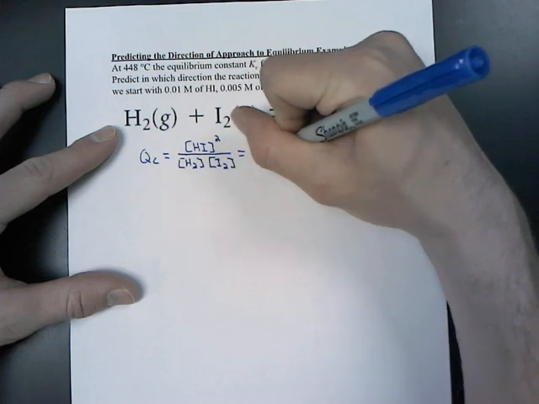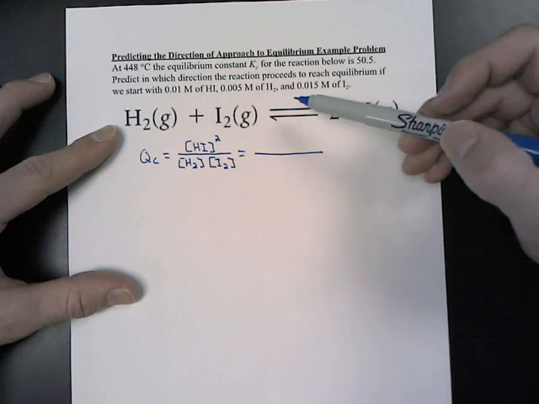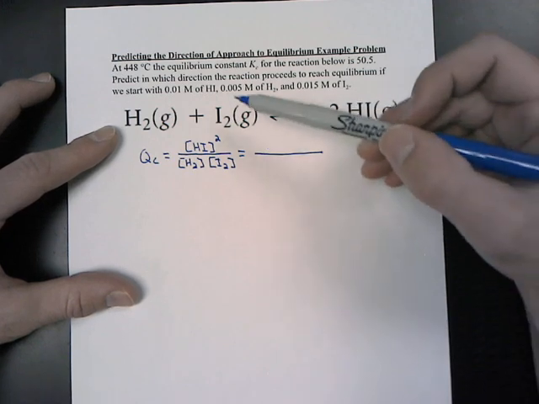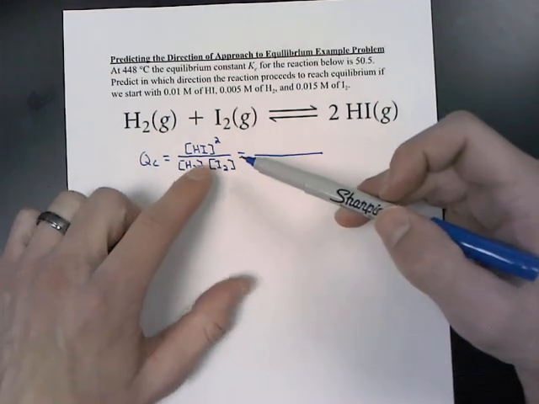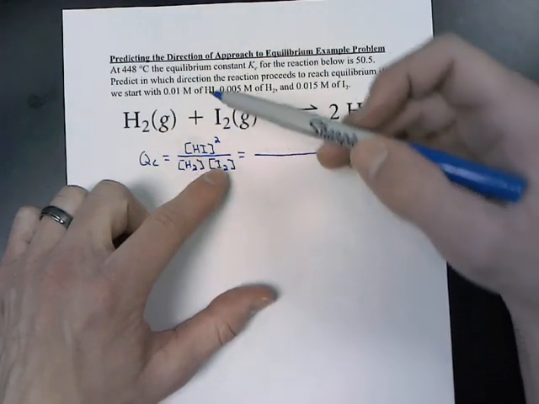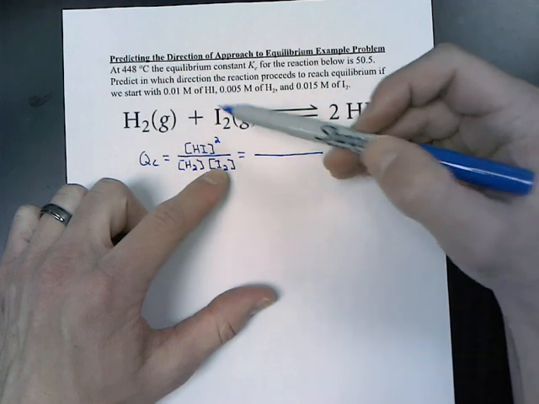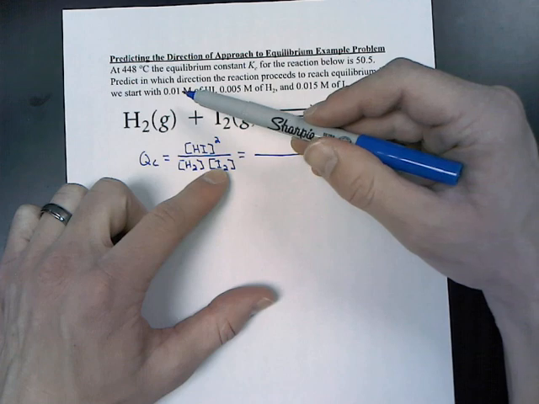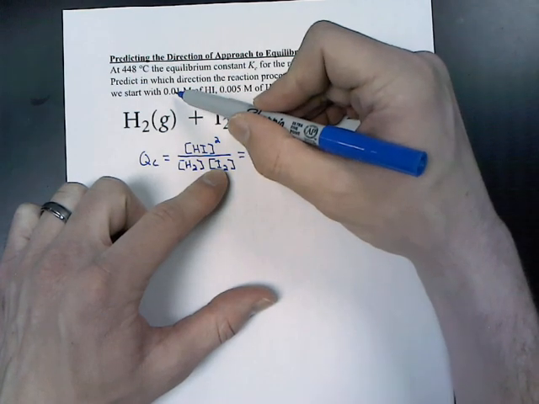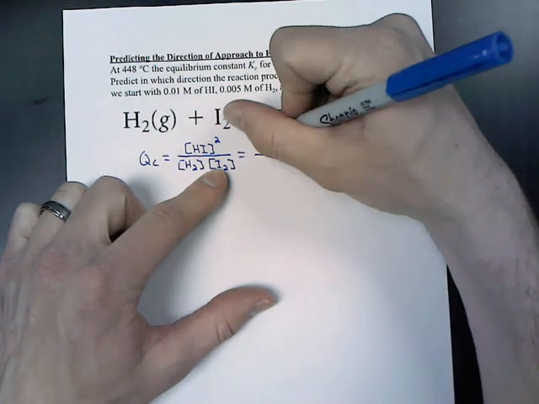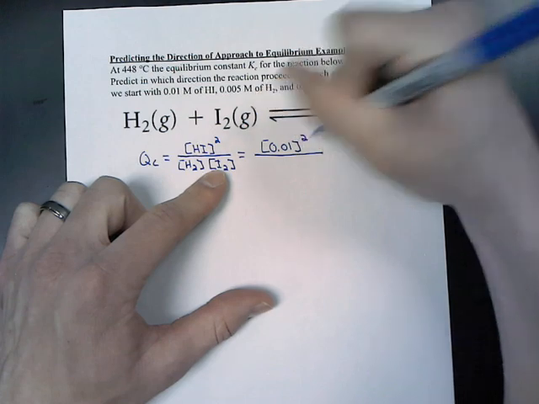Now, what happens here is this. All I'm going to do right now is insert the values for each of these substances. So, right here for HI, the concentration that the problem says right now at this point in time, HI has a concentration right now of 0.01, and I'm going to square that.